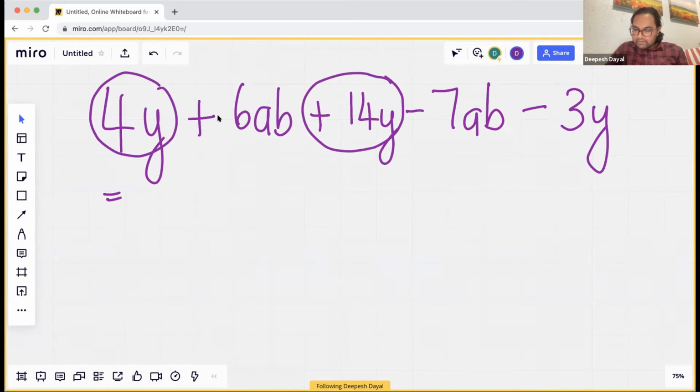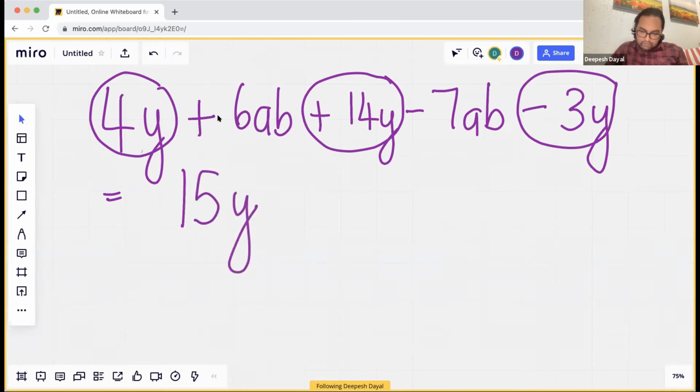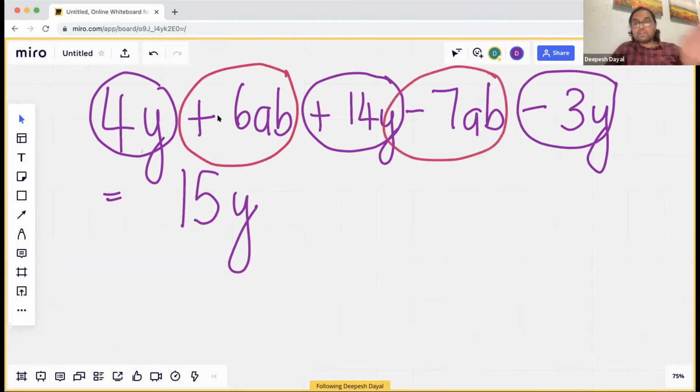Minus 3y gives us 15y. And then we've got 6ab minus 7ab. So you've got 6, you take away 7, which will give us minus 1. So it's minus 1ab or just minus ab.